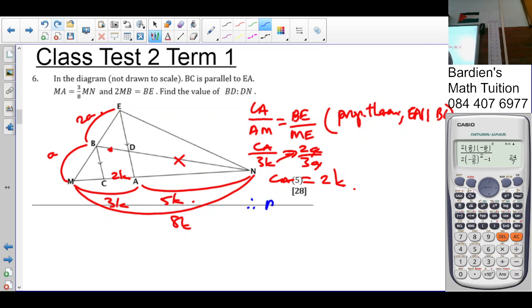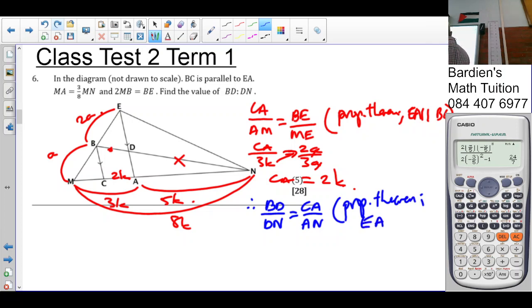Therefore, BD over DN is equal to CA over AN. Again, the proportionality theorem with EA being parallel to BC.